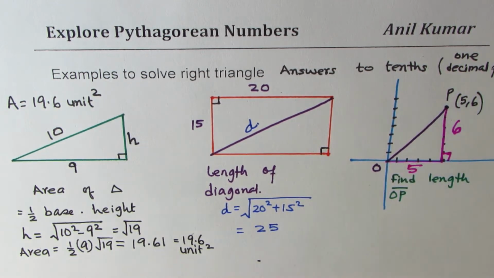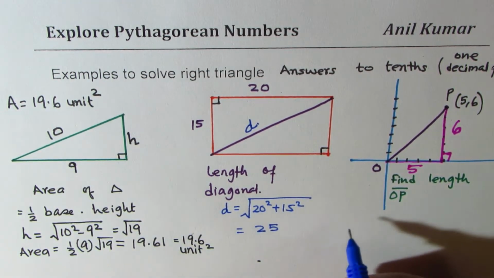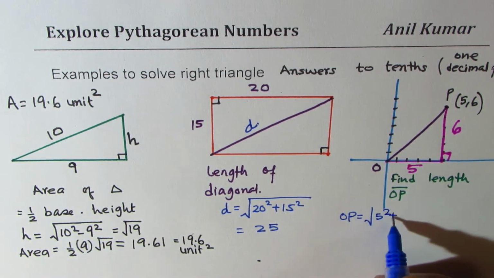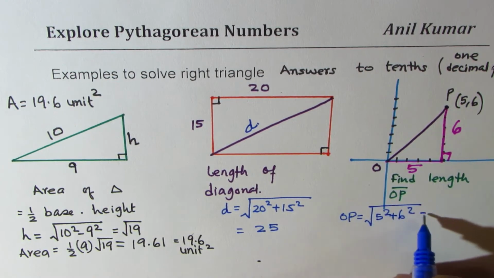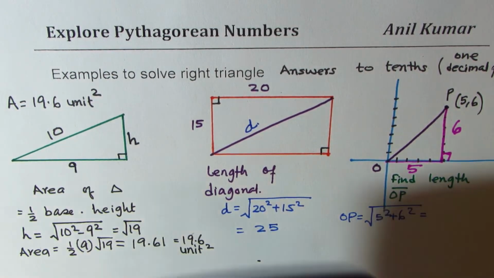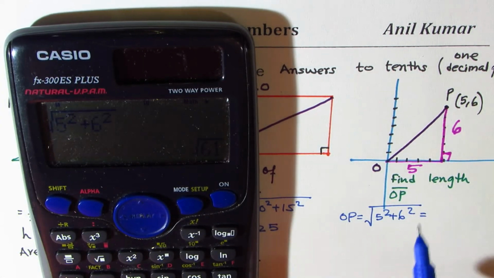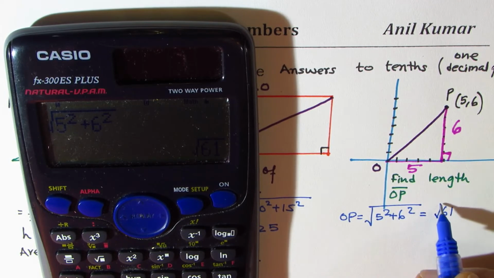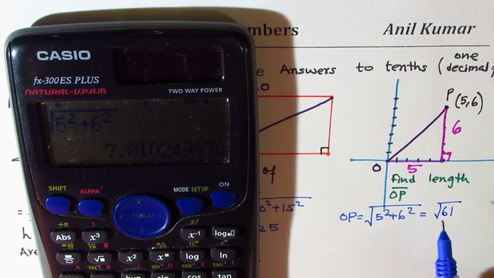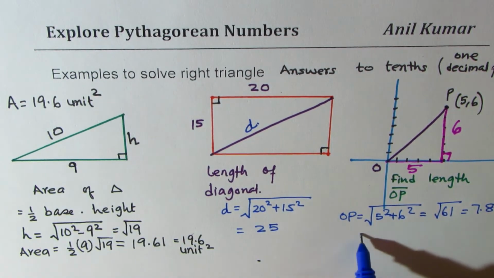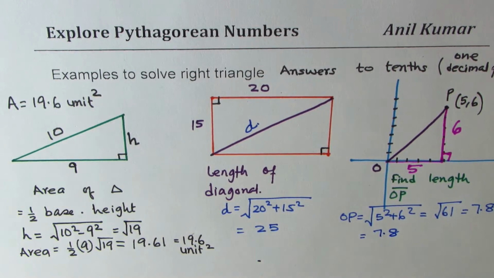So OP is the square root of 5 squared plus 6 squared. Using the calculator once again, that is the square root of 61, and in decimals it is 7.81. Rounding to one decimal place, we get 7.8 units.